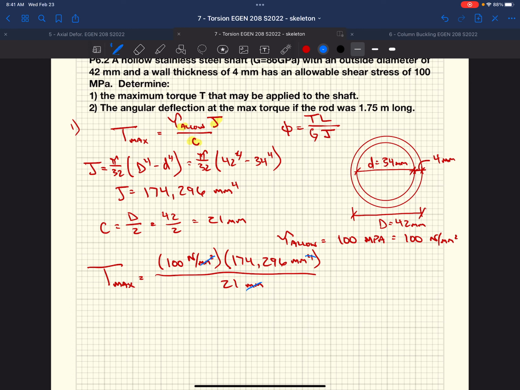Newtons don't cancel, so our final unit and our maximum torque is equal to 829,980 Newton millimeters, or 830 kilonewton millimeters, or 830 Newton meters. Same thing.